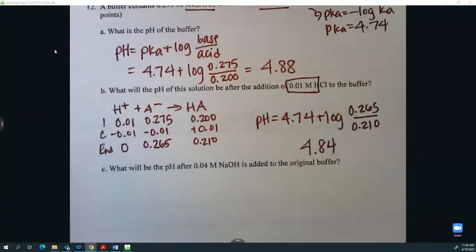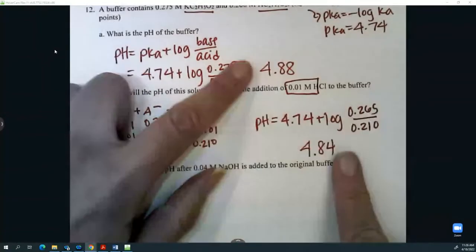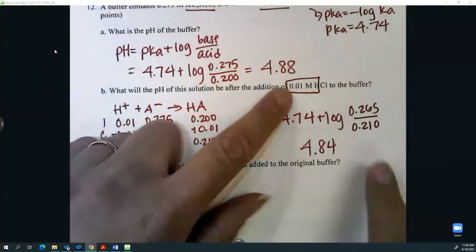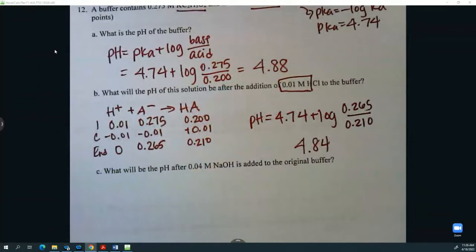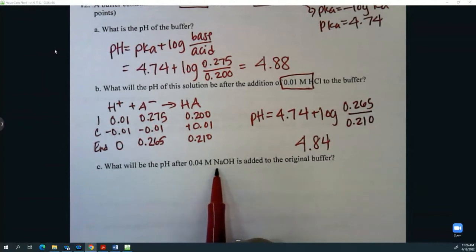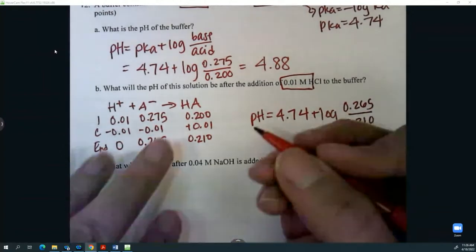I have 4.84. Slightly more, it's not very much. I only added a teeny tiny bit, and so it's more acidic, but only slightly more acidic than my original. Looks great. Okay, and then what will be the pH after 0.04 of NaOH to the original buffer?